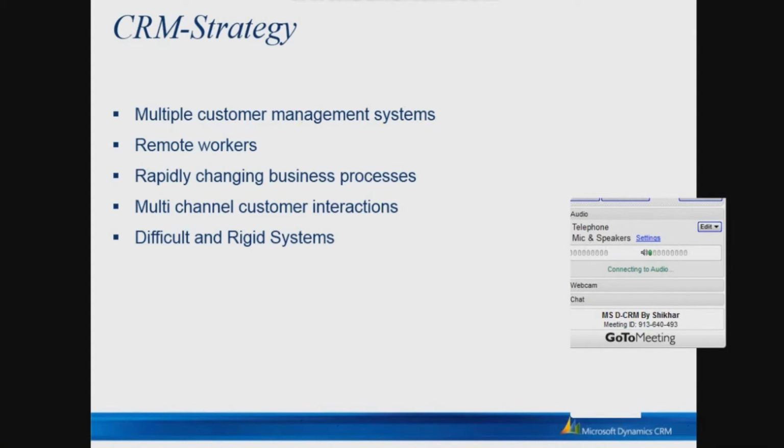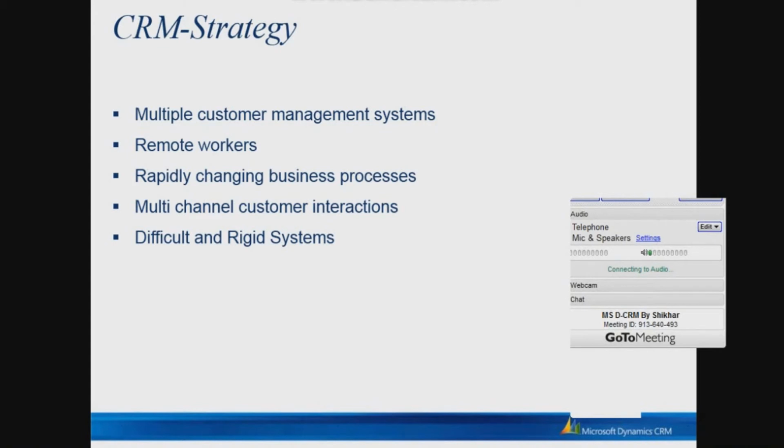All right. So what does CRM have to give to its customers and the people who have implemented this software? The first major point is multiple customer management systems. CRM is a strategy, and in the market currently there are a number of tools which implement this strategy.